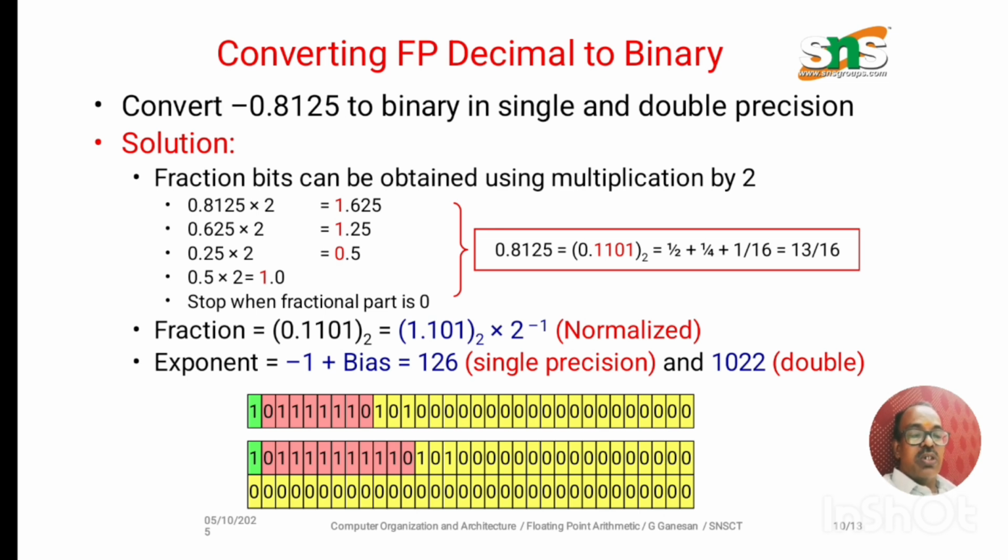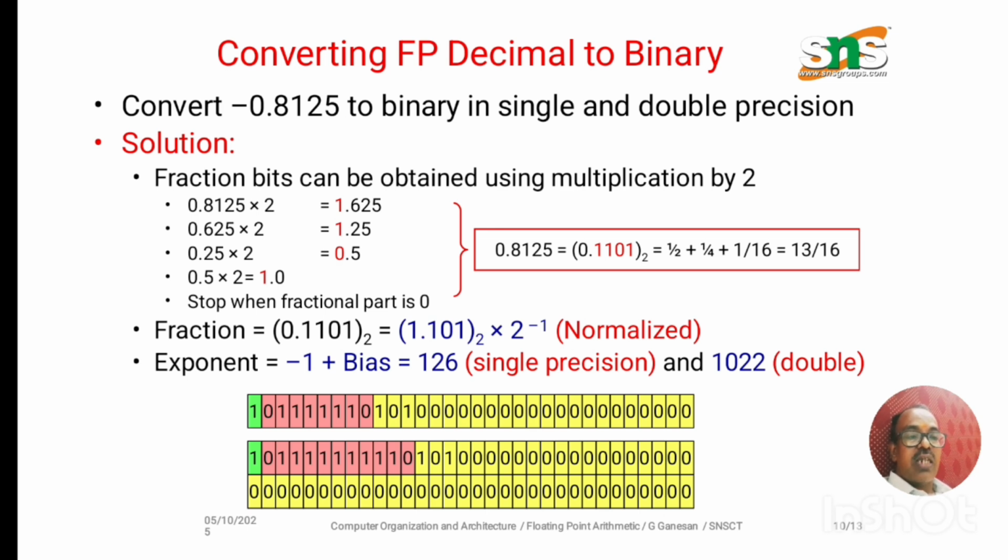Again, I will explain. The number after the point is multiplied by 2. Suppose we get 1 point something, we take 1 as the first digit. Then the remaining fractional part is again multiplied by 2 repeatedly until we reach 0.